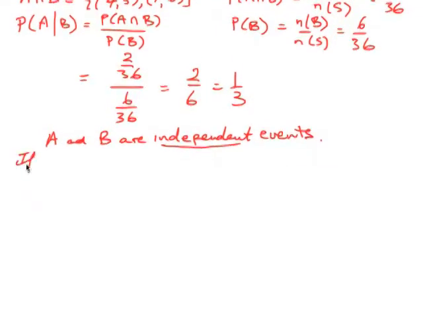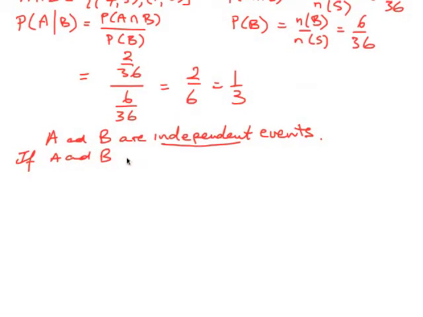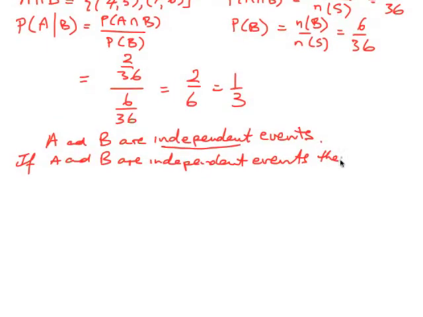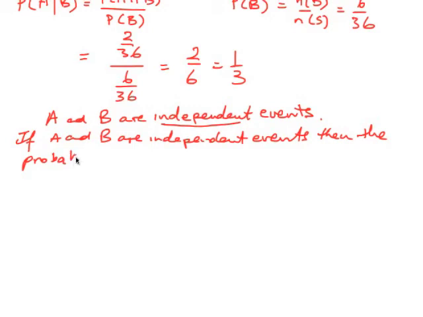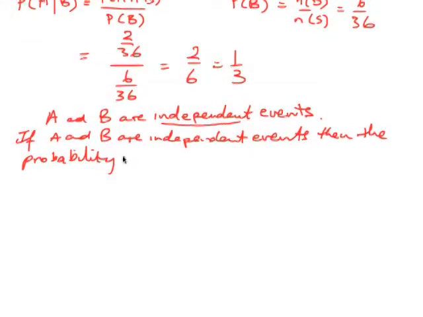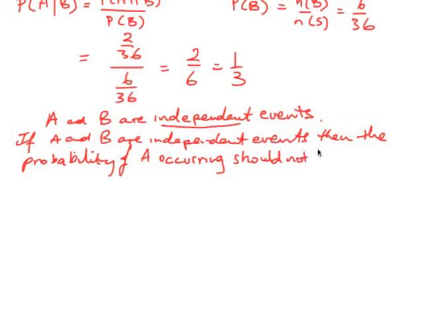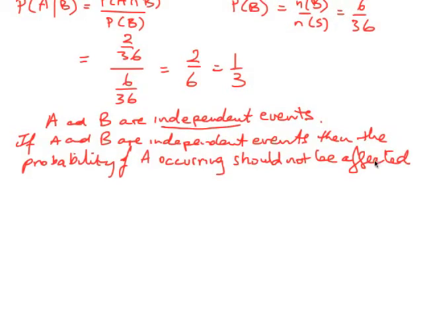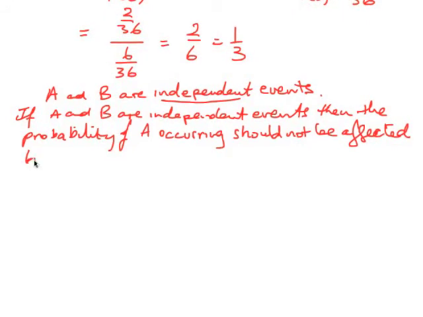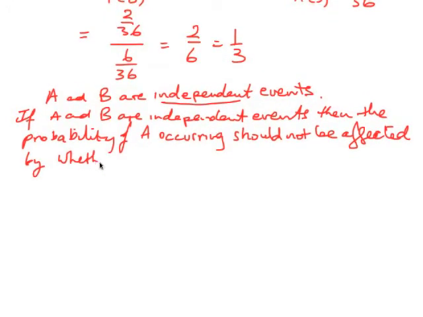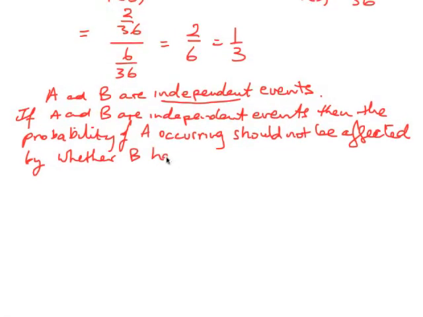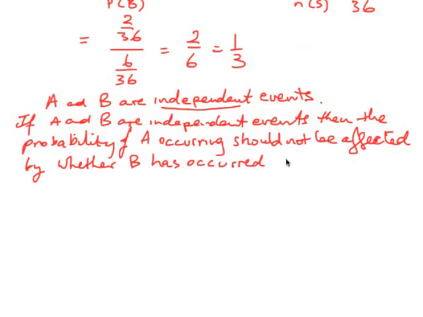All right, so in other words, if A and B are independent events, then the probability of A occurring should not be affected by whether B has occurred or not.